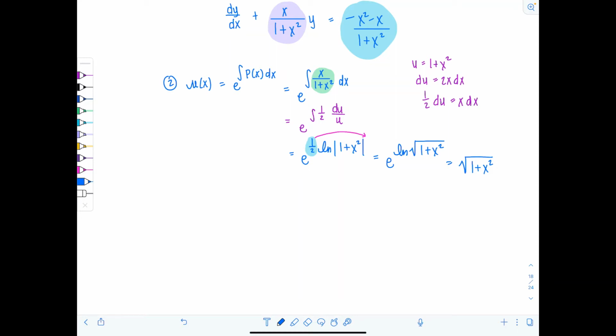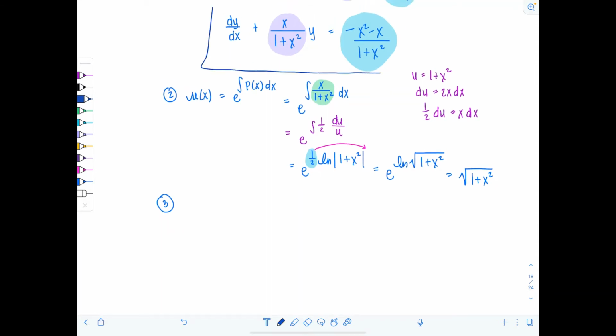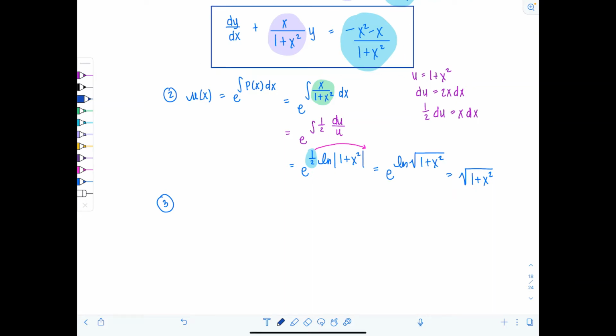All right, now that we've got our integrating factor, step 3, I'm going to multiply my entire equation by it. So there's my original differential equation up here in standard form. Multiply everything by that mu of x. Okay, here we go.